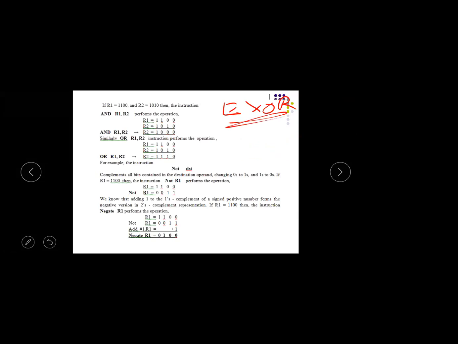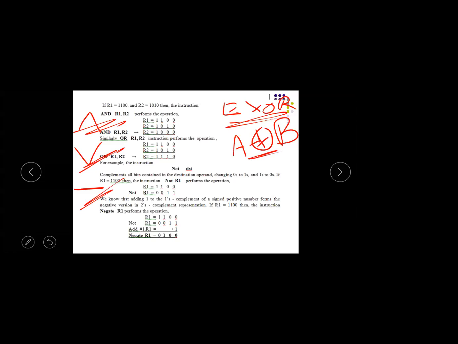And the XOR operation, A exclusive OR B. For AND operation the symbol is up arrow, for OR operation the symbol is down arrow, NOT operation is complement, and this is the XOR operation.